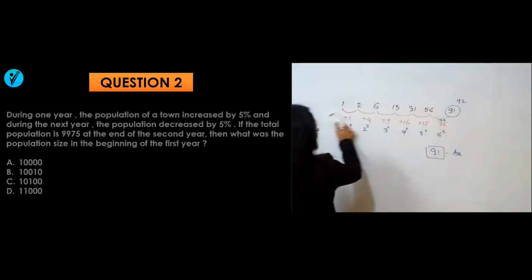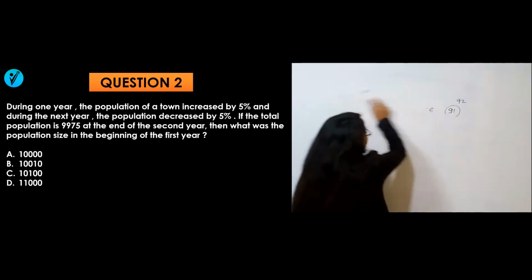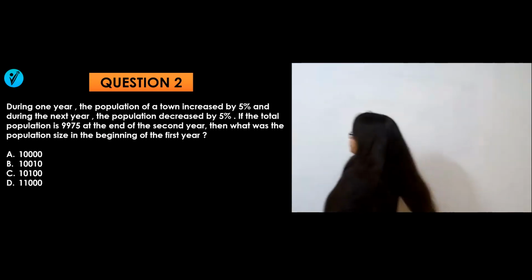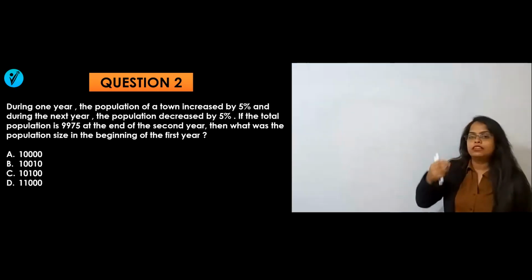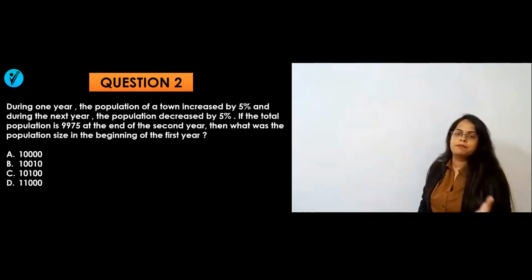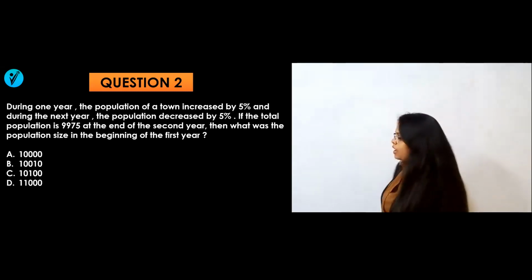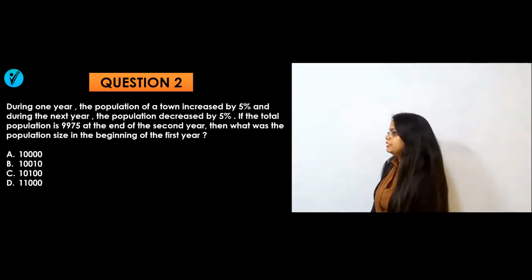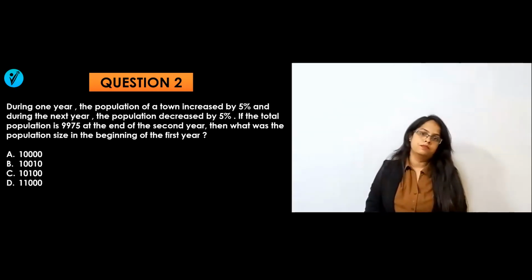This is your question number 2 on the screen. Try to solve it. You can pause the video and try to solve. During 1 year, the population of a town increased by 5%, and during the next year, the population decreased by 5%. If the total population is 9975 at the end of the second year, then what was the population size at the beginning of the first year?